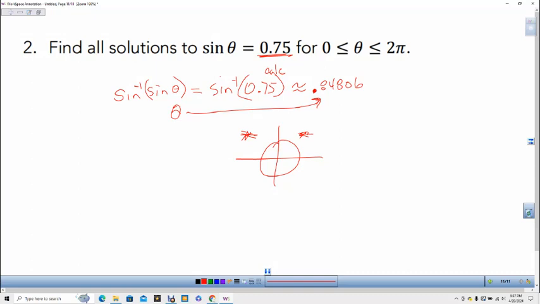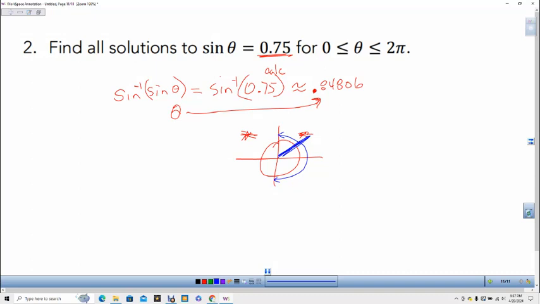Well, remember the whole purpose of the inverse sine is it's going to give you an angle between -pi/2 and pi/2. So any angle that comes out of the calculator when you do inverse sine is going to be in this blue area here in quadrants 1 or 4.